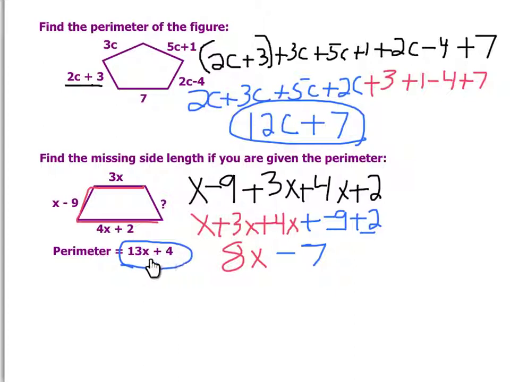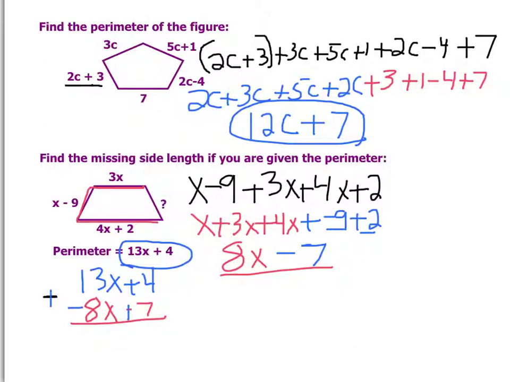So, what we can do is subtract these. That's exactly what I'm going to do. I'm going to write 13x plus 4, and I'm going to minus 8x minus 7. Okay, so we're going to do keep, change, change, change.